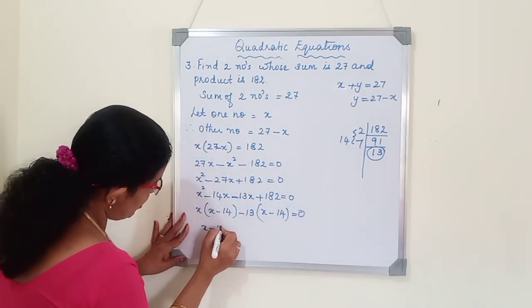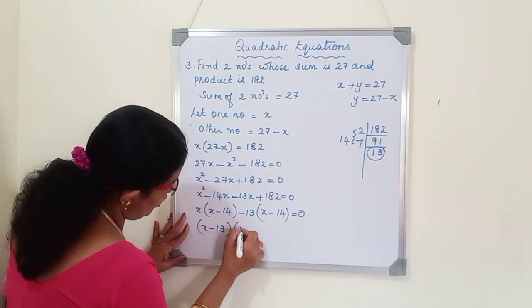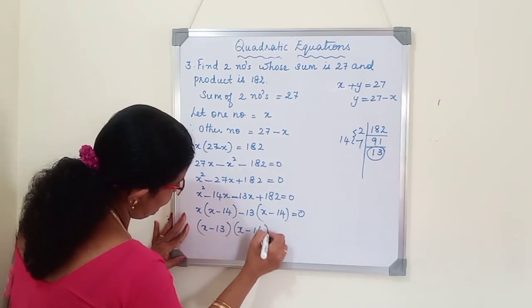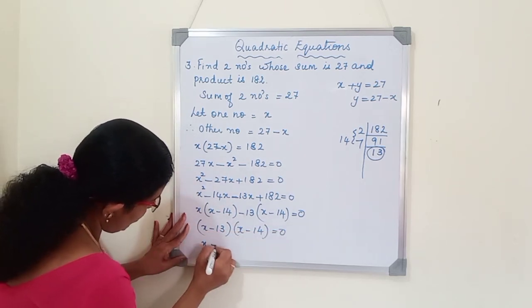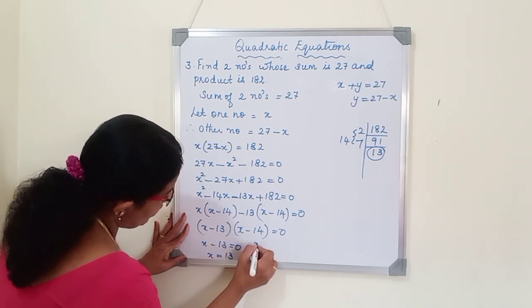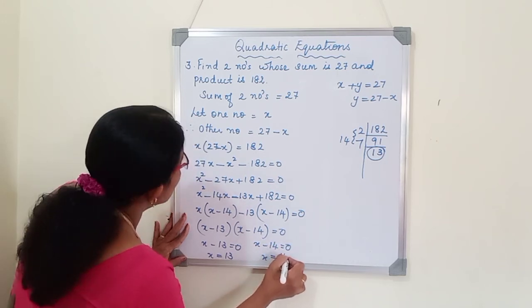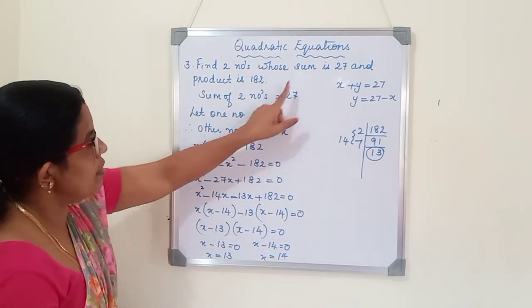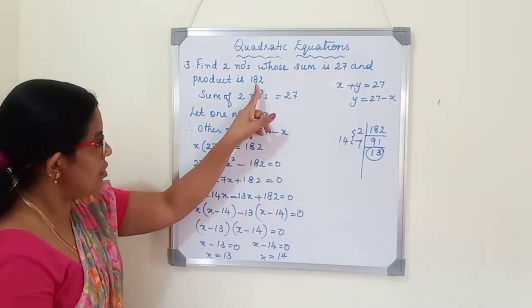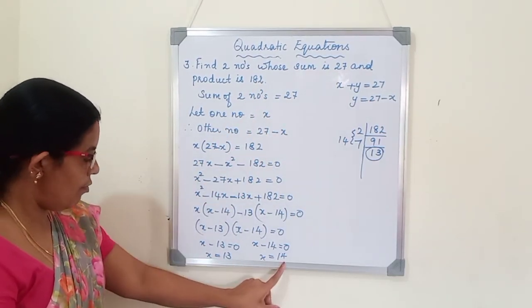So x minus 13 into x minus 14 equals 0. Therefore, x minus 13 equals 0, x equals 13. x minus 14 equals 0, x equals 14. Therefore, the two numbers whose sum is 27 and product is 182 are 13 and 14.